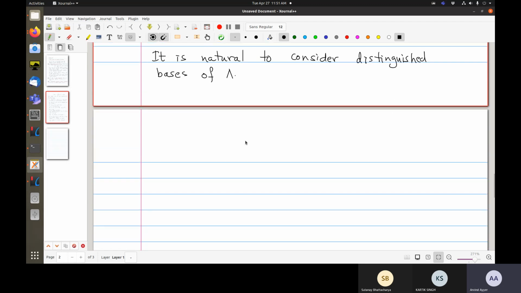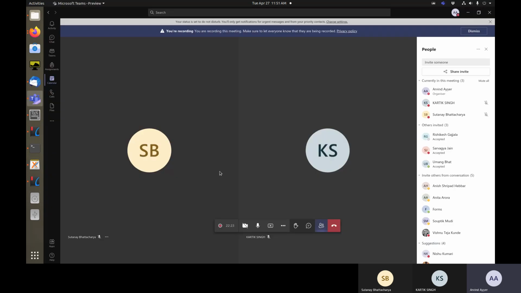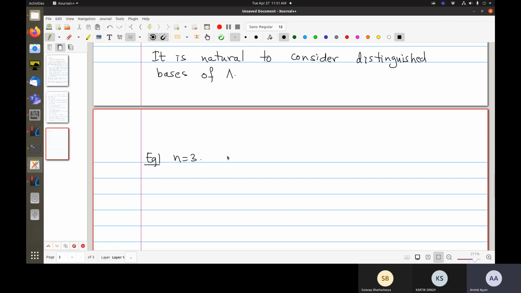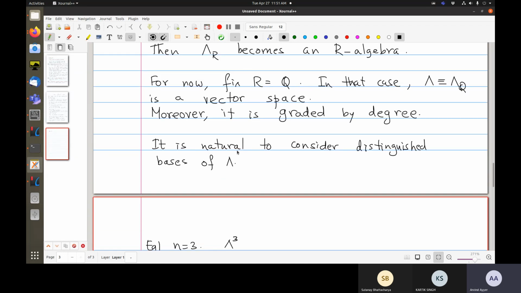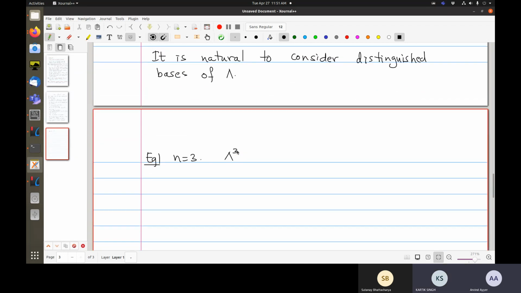So let's do an example. Let's take, for example, n equals 3. Can one of you give me an element of lambda 3? x1 times x2 times x3, and take all the. So right. So let's say first example, f1 is x1 x2 x3.